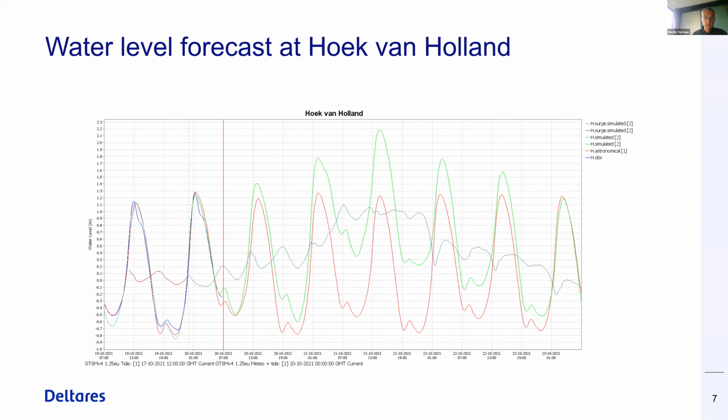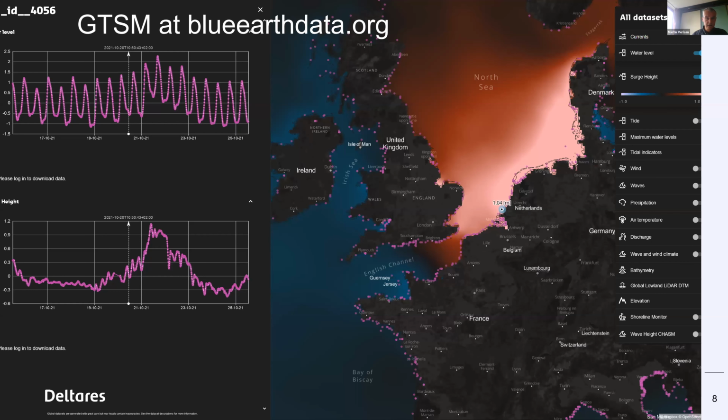So you can see the variations over time. Those are caused by the nonlinear interactions. So this is the system that we've got up and running. Also wanted to mention that this data is also available to you. If you go to blueearthdata.org after the meeting, you can have a look and see the same data as I'm showing you here in the slides.